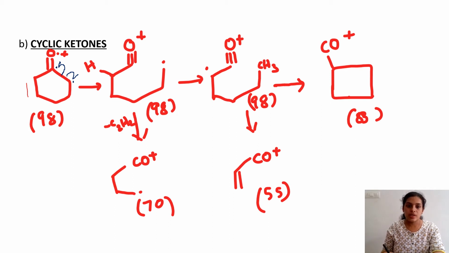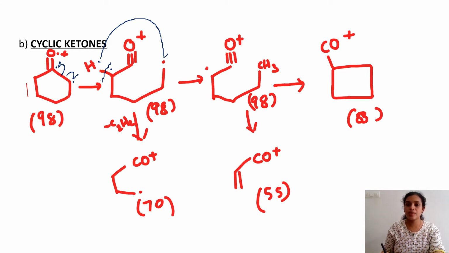And now from here to here, what happened? This bond breaks to give you H dot and a dot at this carbon atom, and this H dot will combine with this CH2 dot to give CH3.